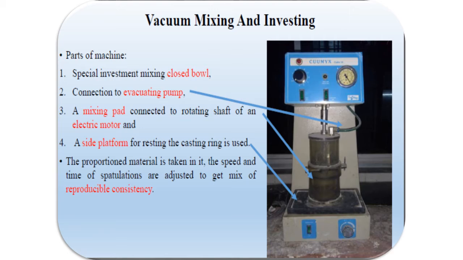Then automatically the electric motor starts rotating the inbuilt mixing spatula, and within the manufacturer prescribed time of a couple of minutes, a homogeneous consistency of the investment material is attained. With this, most of the complications related to casting procedures, that is air bubble entrapment or metallic nodules, can be eliminated.